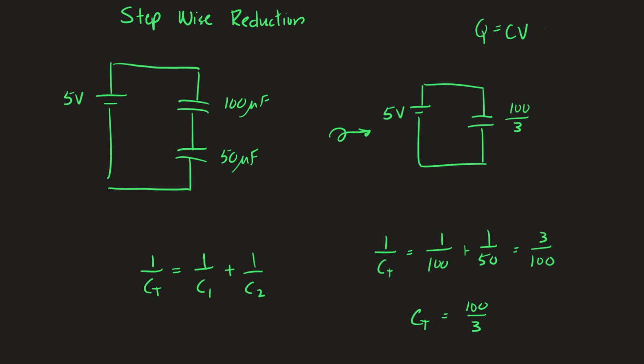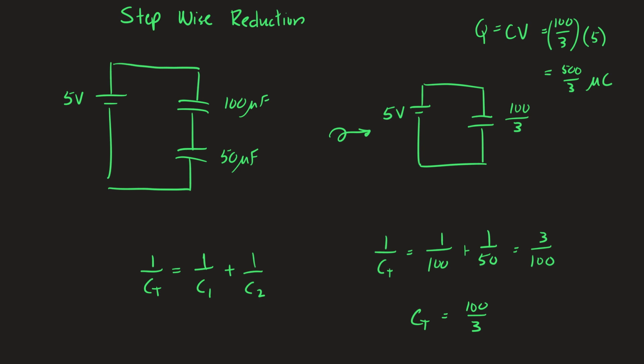So 100 over 3 times 5. That's 500 thirds, and that would be microcoulombs. We had microfarads before. We're using volts, so that's microcoulombs. That's one of the benefits of using the whole, micro, nano, pico.